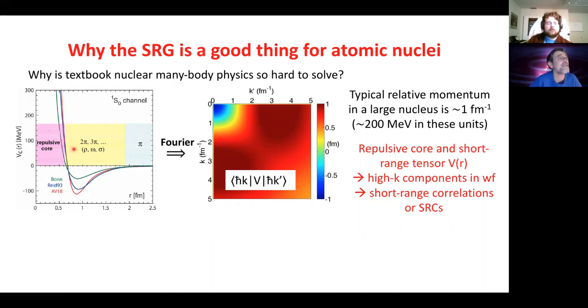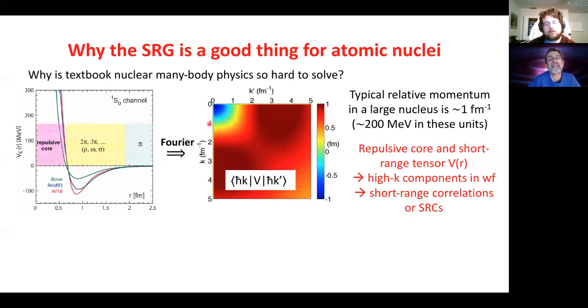If you Fourier transform that and make it into a matrix, so here's the Hamiltonian matrix, like I said, this is what it looks like. And these are the momenta that you would be used to. We saw those in earlier pictures, in these units, 1 to 2 inverse fermi here.